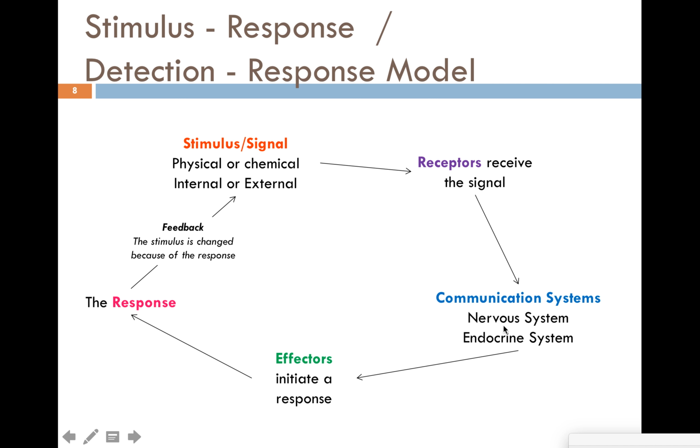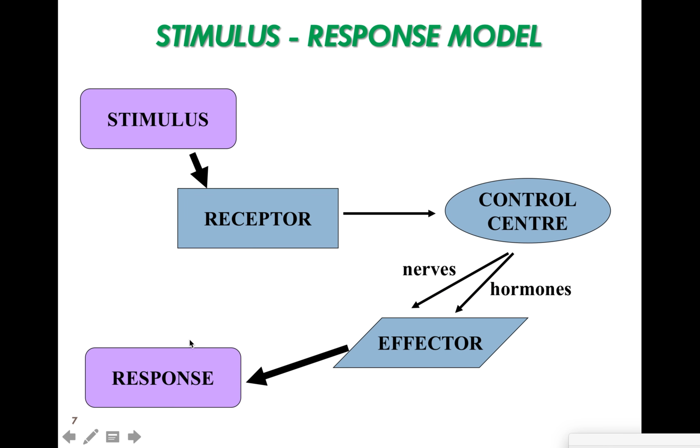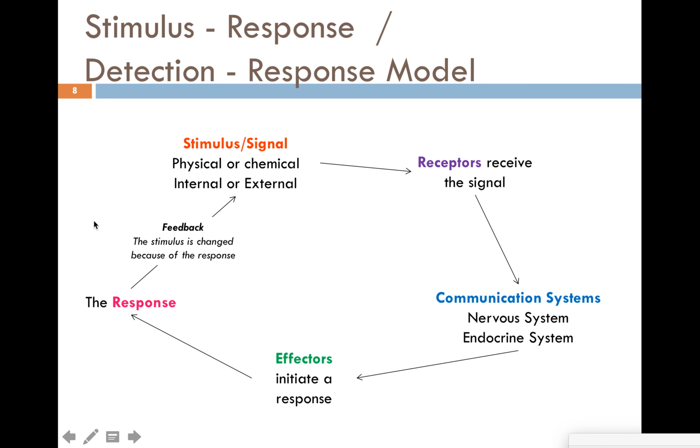Now, the important part, which is different to this picture, is it's actually in a circle. And the reason is because the stimulus response model works best when you can check the stimulus, see if it's still there, and adjust your response.